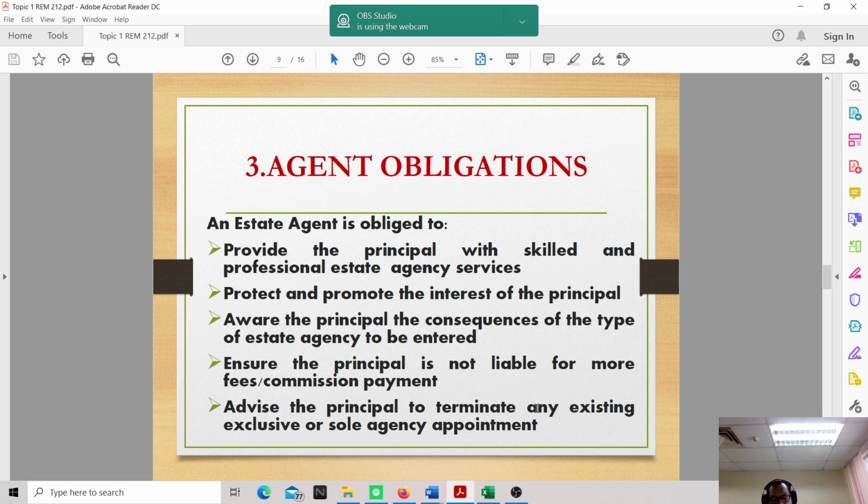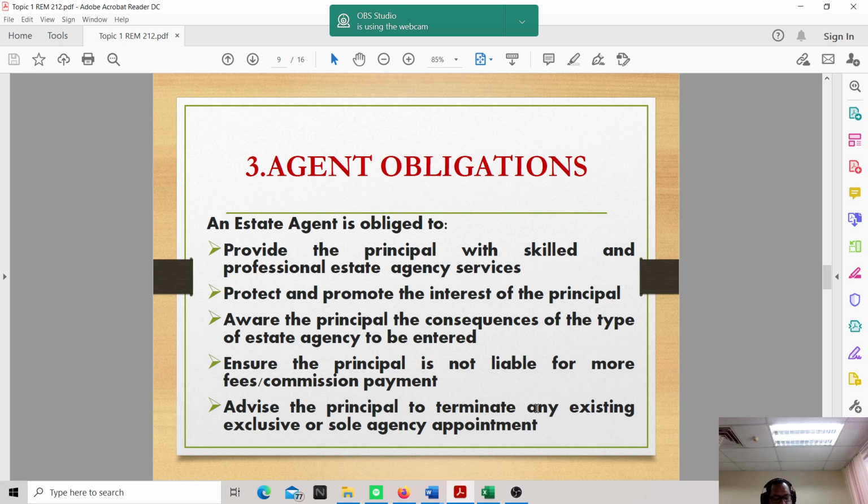Don't suddenly state, oh, I wanted 3% or 3,000 ringgit, and then suddenly in 5 or 6 months time you are asking for another 2,000 ringgit because you said, oh, I am forking out my own money for the advertisement, for the banner, for the posting in social media. If you want to charge that kind of disbursements, you must state it earlier to the principal, so the principal will be ready afterwards. Okay.